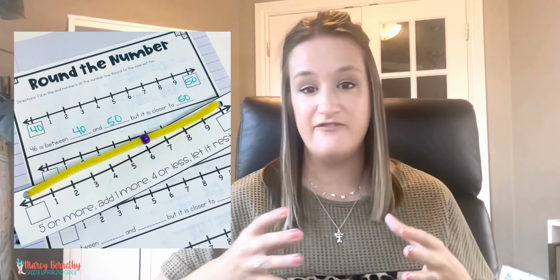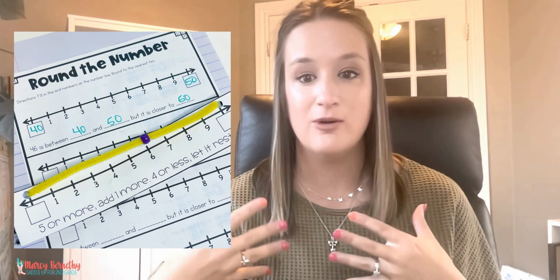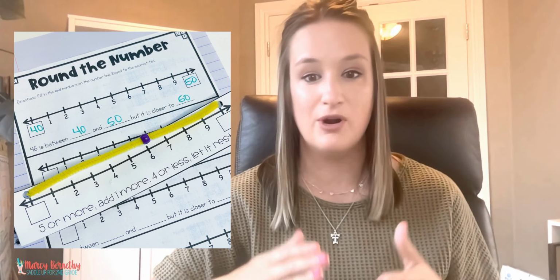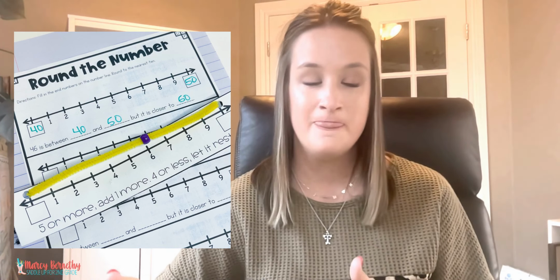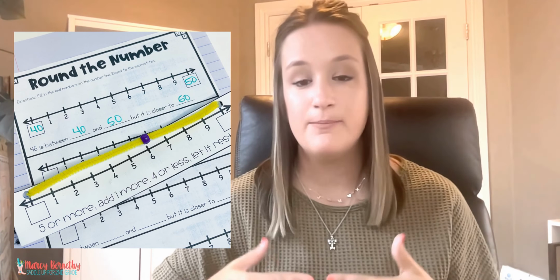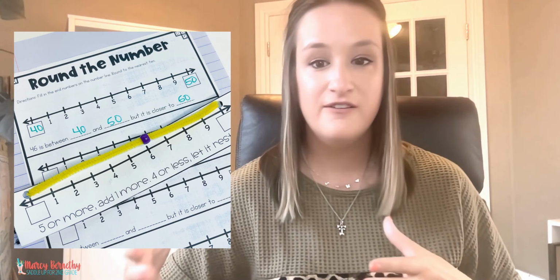To represent 46, they would slide the bead on their beaded number line to the 6 to represent the number 40 and 6. Then we go through our prompt that 46 is between 40 and 50, but it is closer to 50.